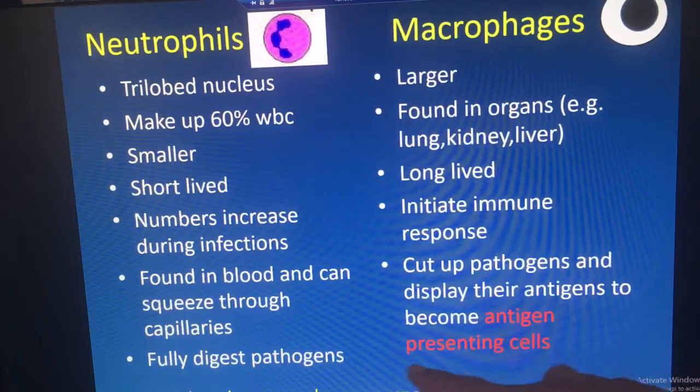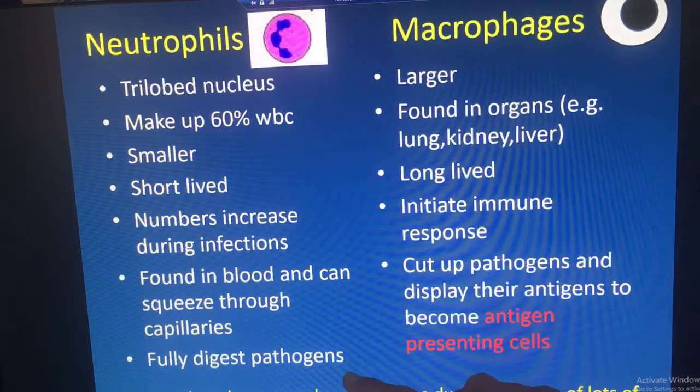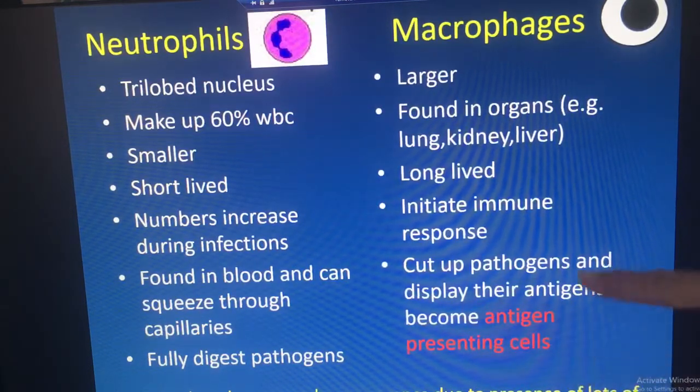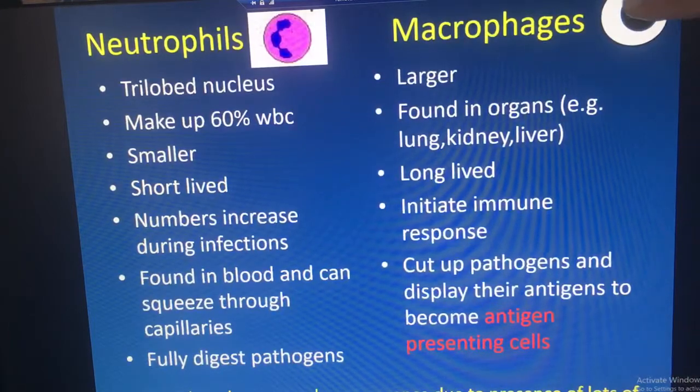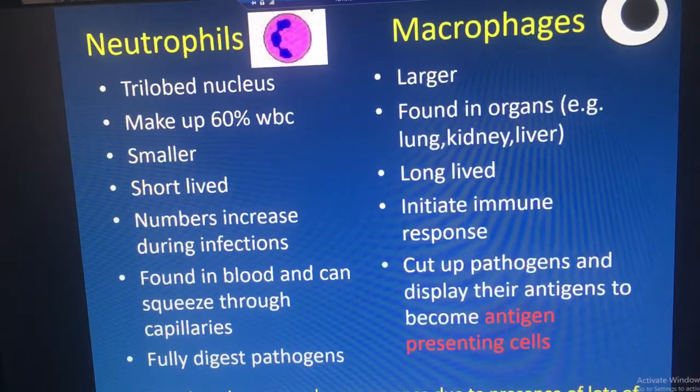And they act in a very similar way to neutrophils, but the final stage is slightly different. So rather than fully digesting the pathogens like would happen with the neutrophils, they will cut up the pathogens and they will display the pathogen antigens on their own surface to generate a cell called an antigen presenting cell.